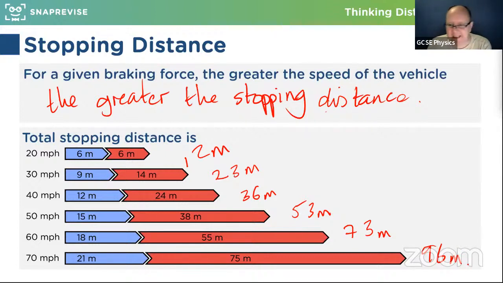And what you can see here on the graph is that the thinking distance is going up proportionally to the speed of the vehicle. But the braking distance is increasing ever more with speed. And that's because the speed of the car determines the kinetic energy of the car.